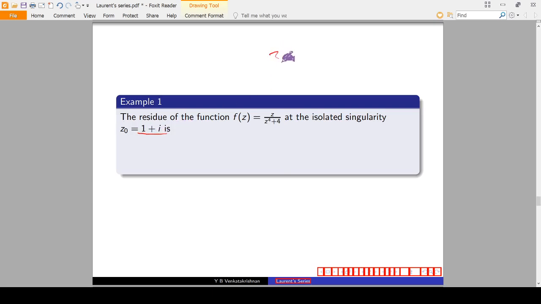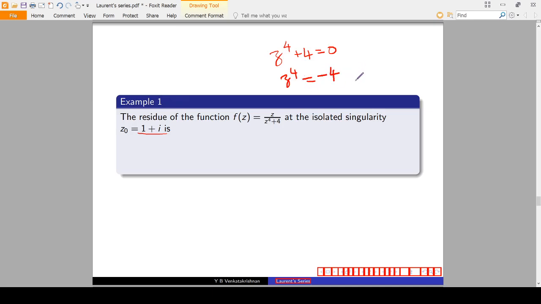at z is equal to z naught is equal to 1 plus i. So in this case I will have z power 4 plus 4 is equal to 0. This will be taken as the singularity, and z power 4 will be minus 4.